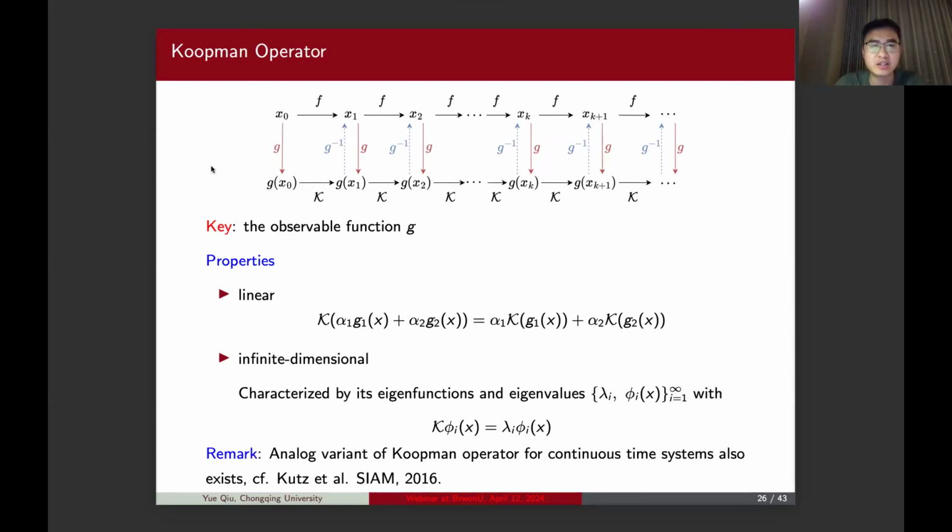However, when the system model F is unknown, it is difficult to predict the system dynamics. But if we are able to transfer these nonlinear and unknown systems into other coordinates, we can perform the evolution of the dynamics through the Koopman operator. So the key is that we need to construct the function g for this mapping.